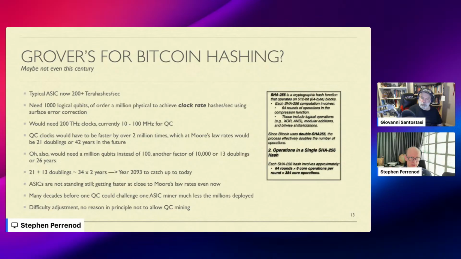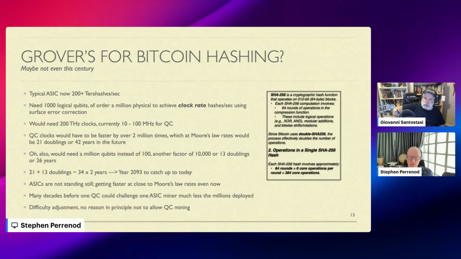Bitcoin uses double SHA-256, and a single SHA-256 has multiple rounds, and it all adds up to 384 core operations. You have to times that by 2 for double SHA-256 calculations. So that's what's going on for every hash of a terahash. So to get there, the clocks would have to be faster by 2 million times.